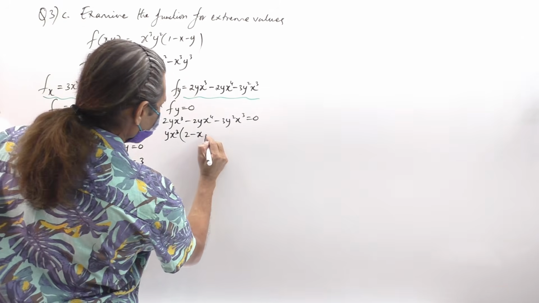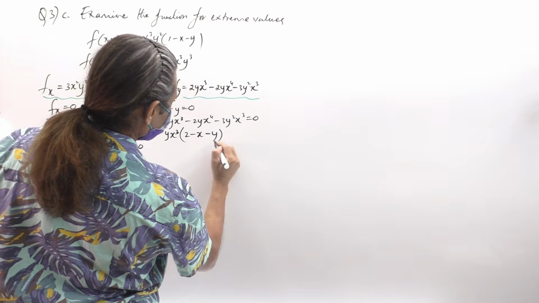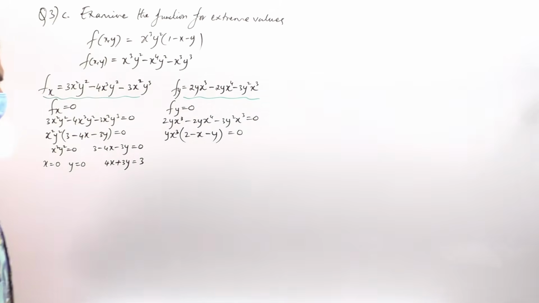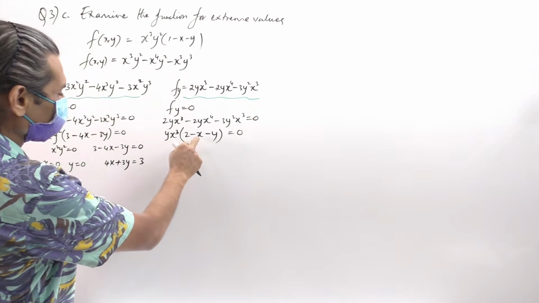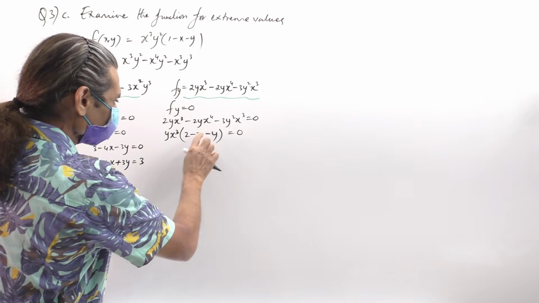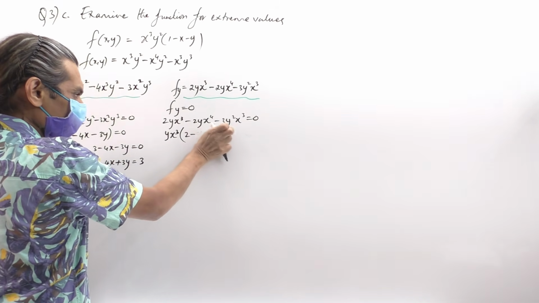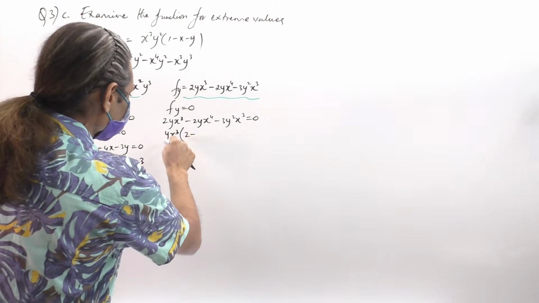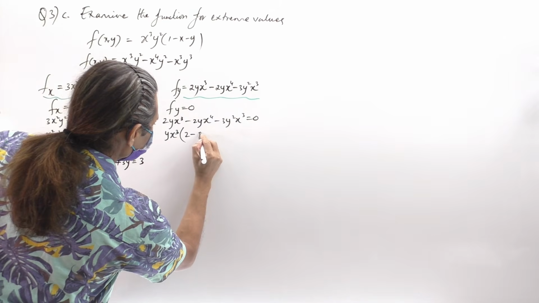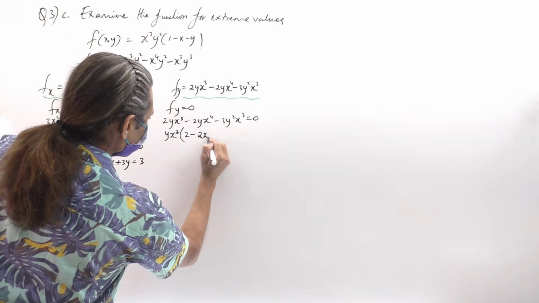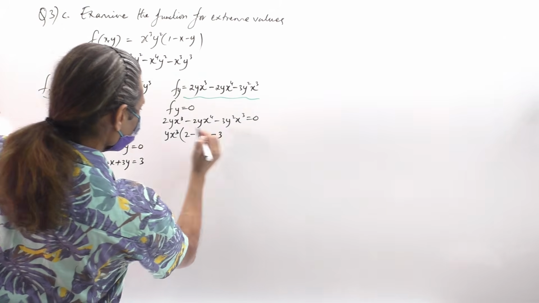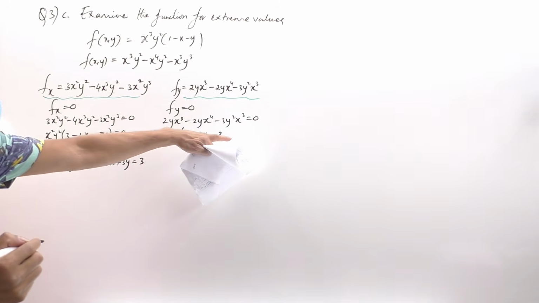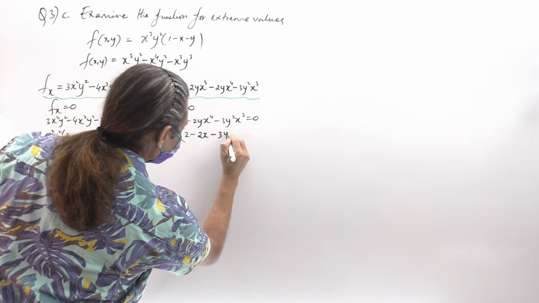Okay, I forgot one thing here, sorry. See this, it is yx³ times (2 minus 2x minus 3y) is equal to 0.